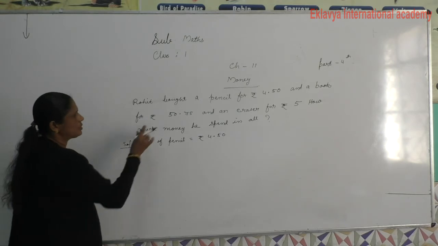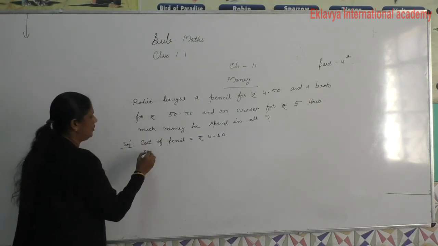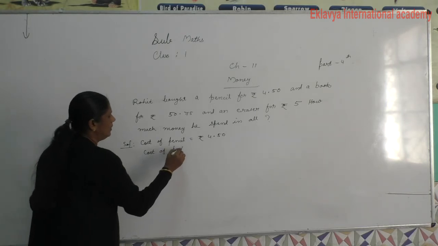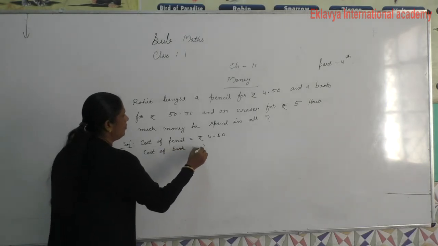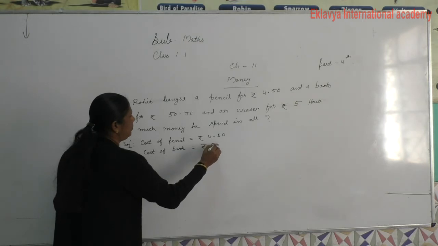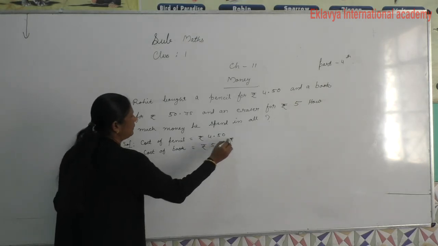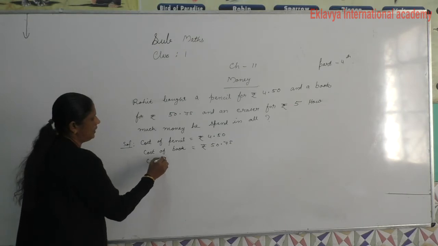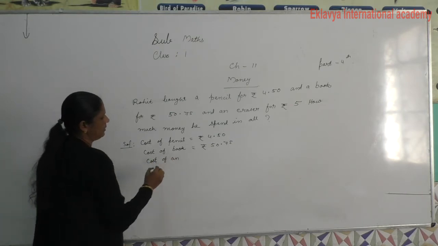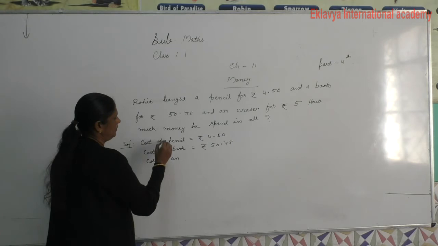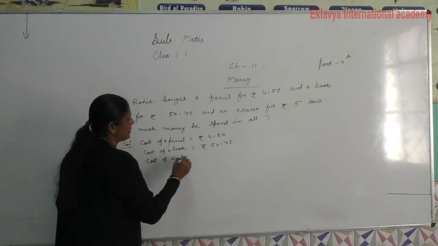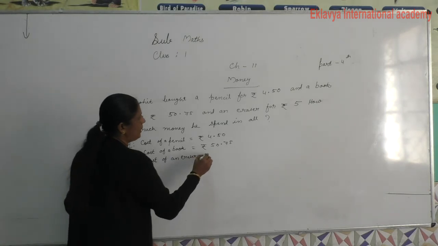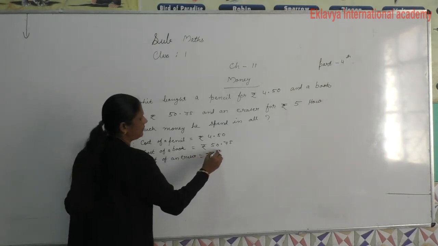Then cost of book is equal to rupees 50.75. Then cost of an eraser is equal to rupees 5.